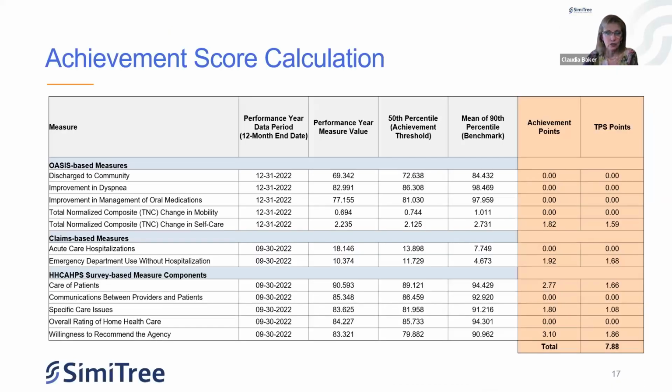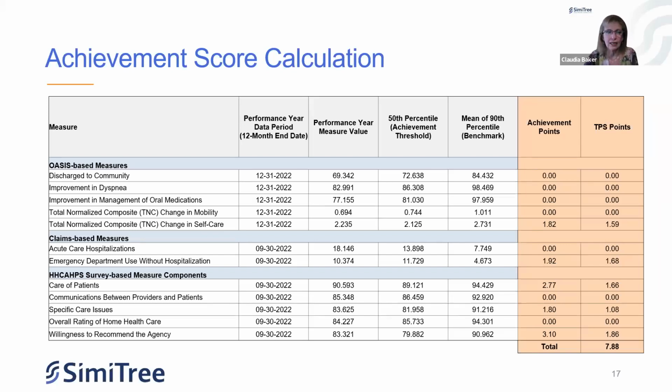Okay. So also in these reports, when you get them, in the two columns that are highlighted to the right, you'll see how you get achievement points and how it would add into the total performance score. And again, I'm not going to add all these up or speak to it extensively, because I would hope that your third-party software or your EMRs are helping you come up with these scores.